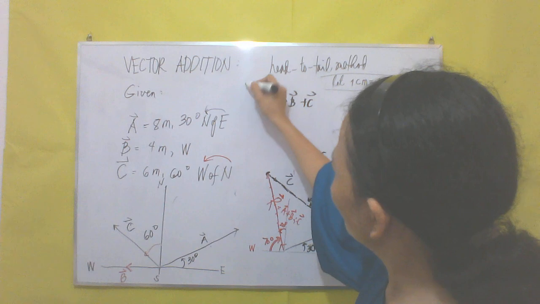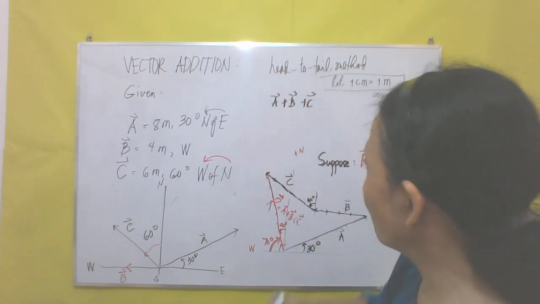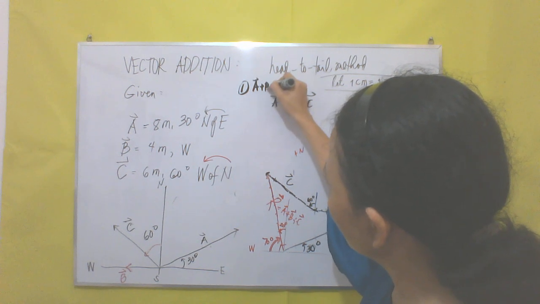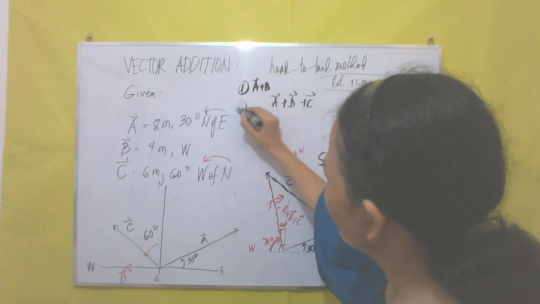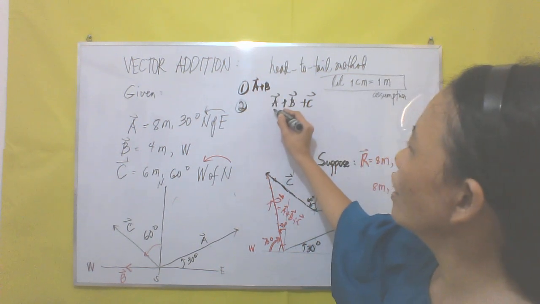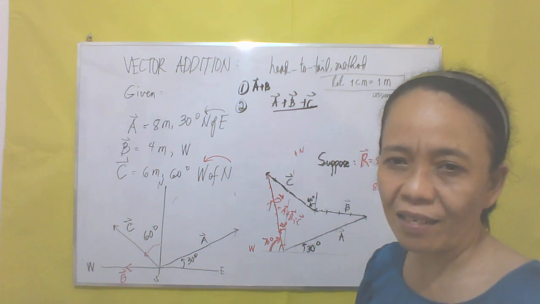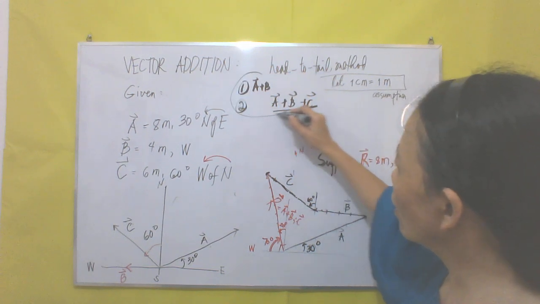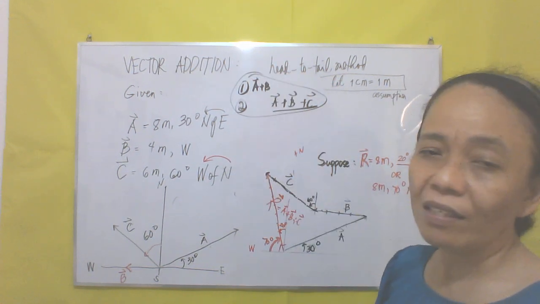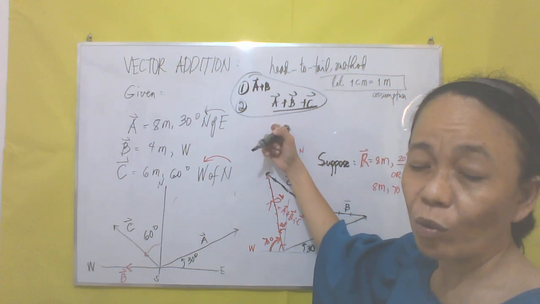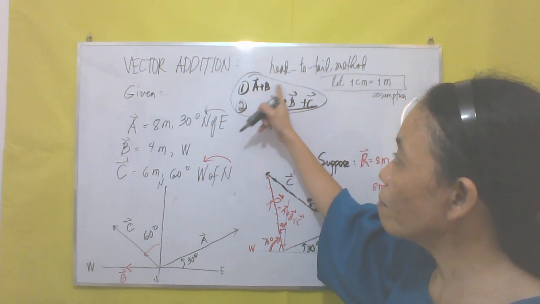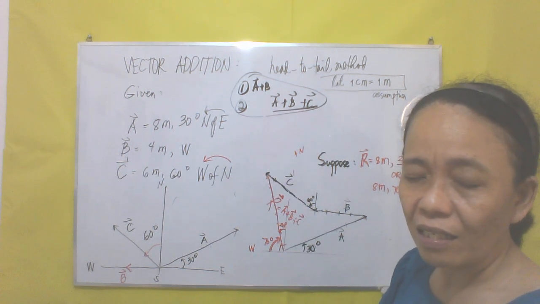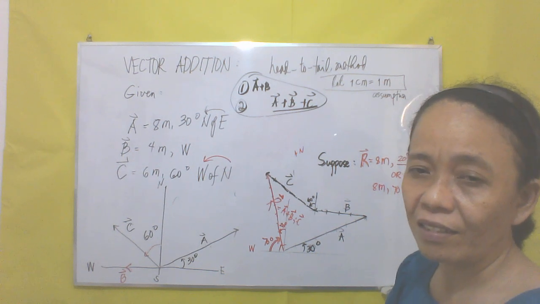Number 1, you're going to add A plus B. Then number 2 would be A plus B plus C, vector A plus vector B plus vector C. So you're going to find out the resultant of these two, the A plus B and the A plus B plus C, and that would be submitted by Saturday.